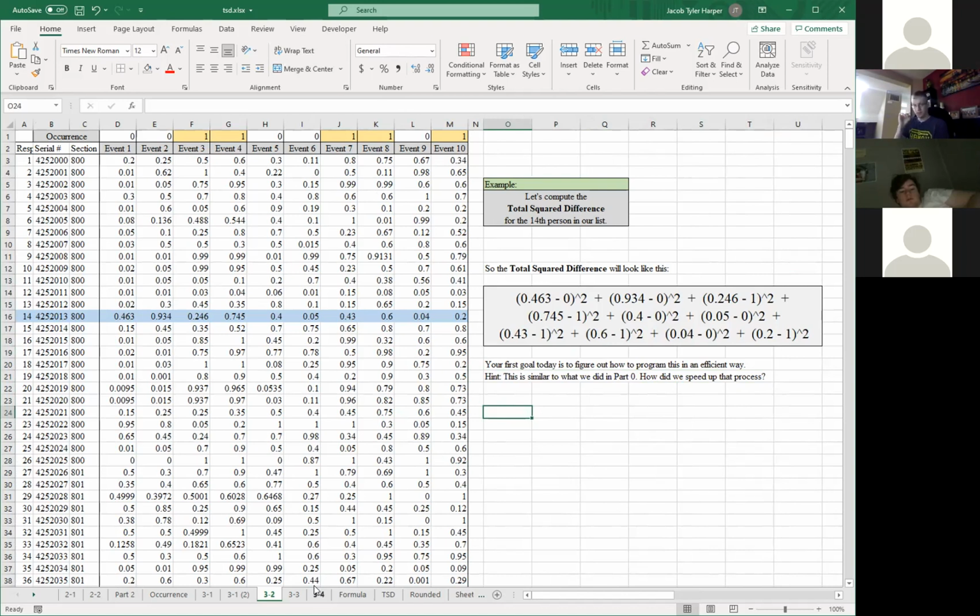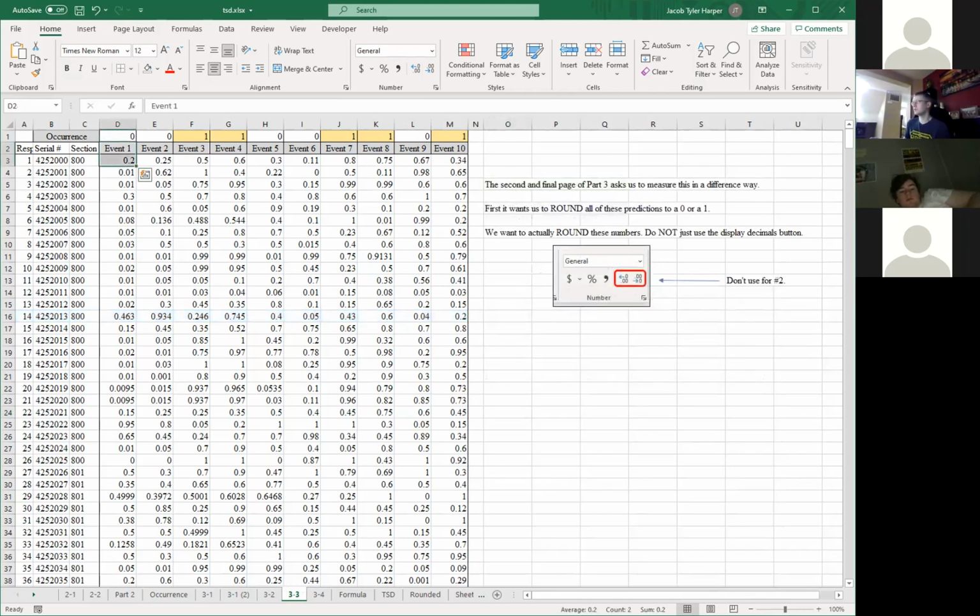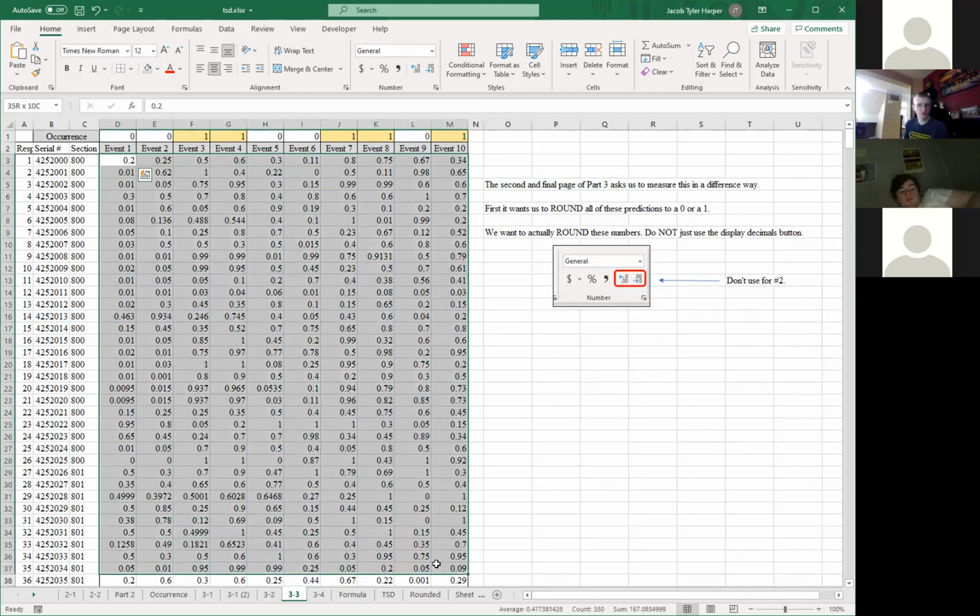Okay, so that's the first page of part 3. Then there's another question on the second page, which asks us to take all of these predictions and round them to either zeros or ones. But I want to point out this very common mistake.